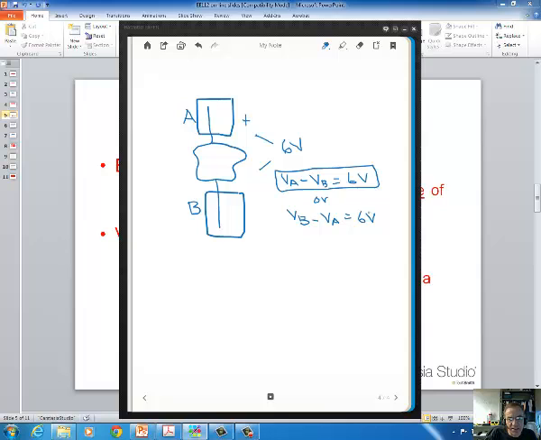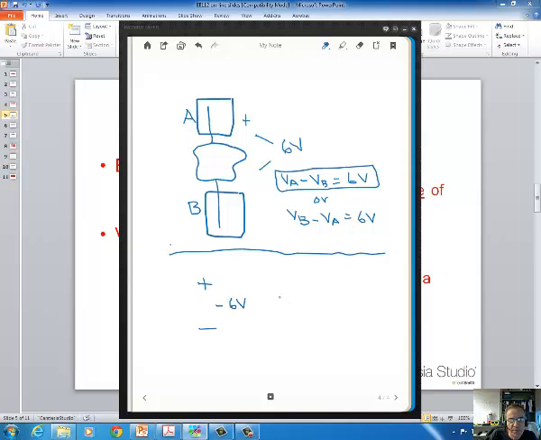Now, one last item here, and that's the meaning of a negative voltage, at least one meaning. Somewhere in a circuit, let's say we're told the polarity across two nodes is like this, and that there's minus 6 volts.